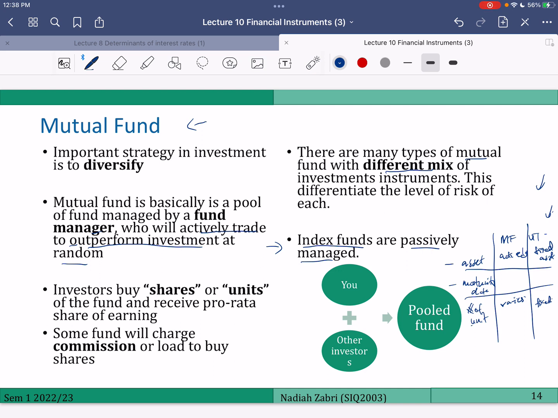These index funds are technically mutual funds that include the stocks that are included in these indexes. They just replicate the composition of these indexes, and the weights also follow the weights of the actual indexes. That is why this is called a passively managed mutual fund.